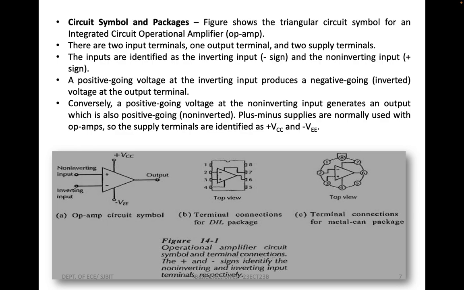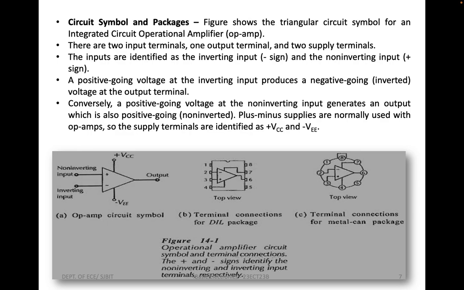This figure shows the triangular circuit symbol for an operational amplifier. As shown, there are two input terminals, one output terminal, and two supply terminals. The inputs are identified as the inverting input and the non-inverting input.